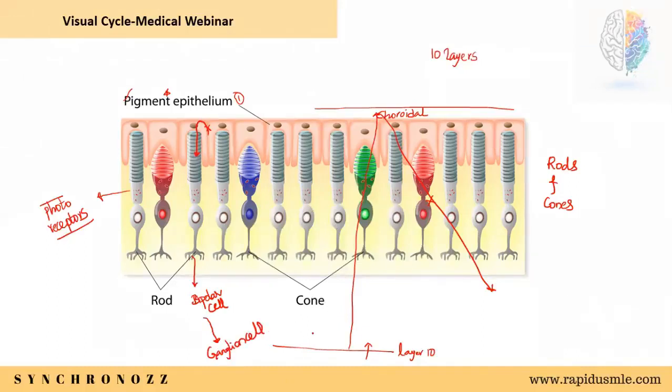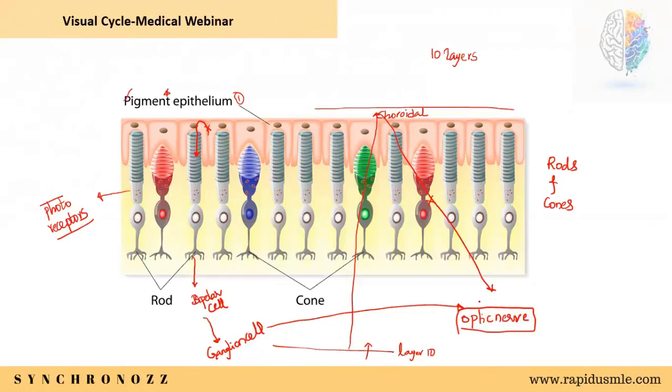What is the importance of the ganglion cell layer? The axons of the ganglion cell layer collectively form the optic nerve. From the optic nerve, you know the optic chiasma, the optic tract, optic radiations, and it goes to the visual cortex of the occipital lobe of the brain. So that is not important for our discussion.